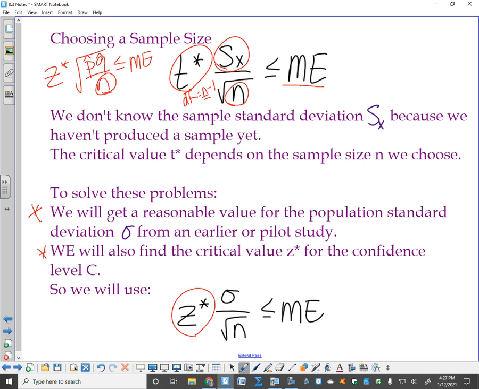So we're going to turn this into this. We're going to get this from another study. So in your formula, it's going to go back to sigma, and this is going to go back to z star instead of t star and instead of s sub x, because both of these I cannot find if I don't know n.